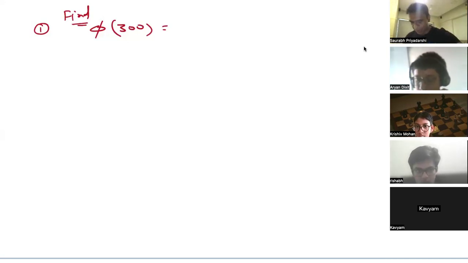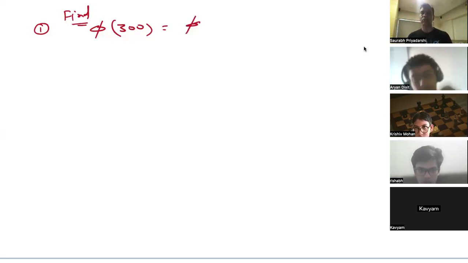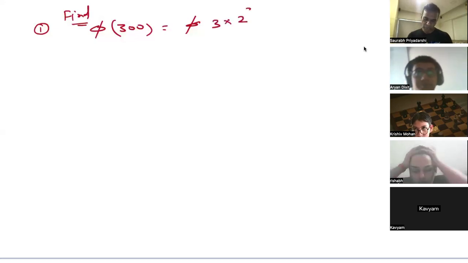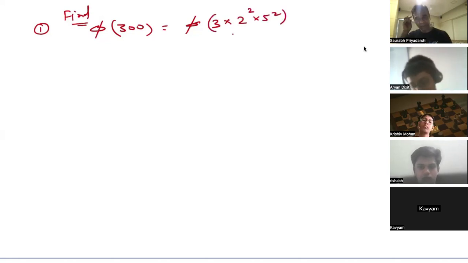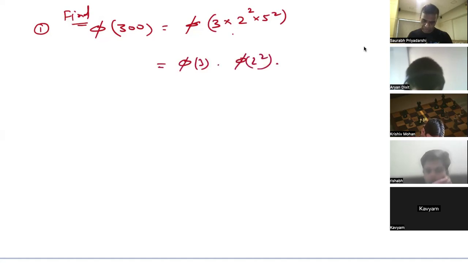Very good. So what are the prime factors in this? For 300, it is 3 into 2 square and 5 square, right? So this will be phi of 3 into phi of 2 square into phi of 5 square.